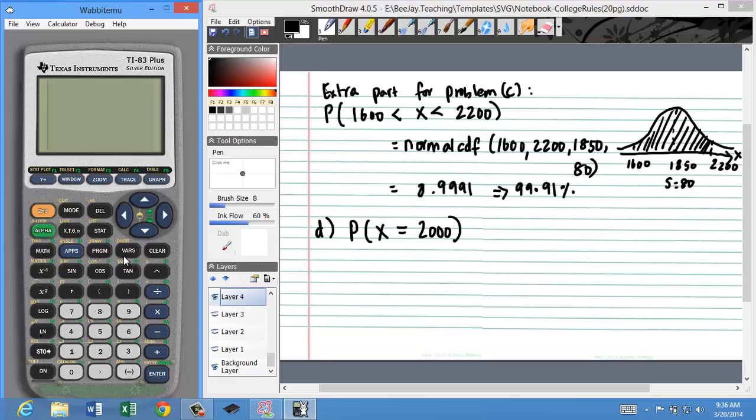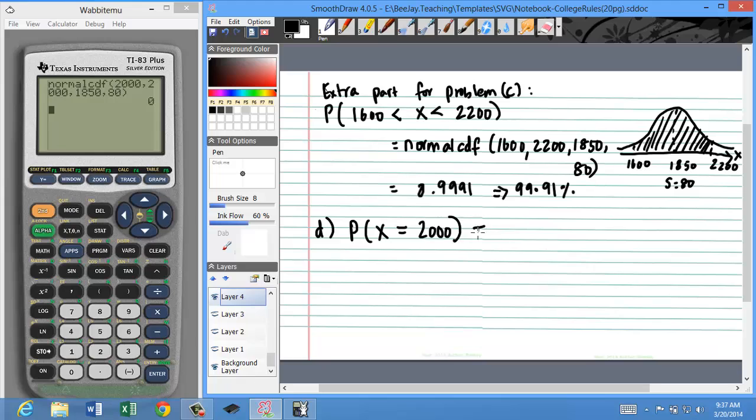Let's try to do this using the calculator. Second vars, 2, 2000, you start at 2000 and you end at 2000 because it is exactly at 2000, and you plug in the mean 1850 and the standard deviation 80. You press enter, you get an answer of 0.